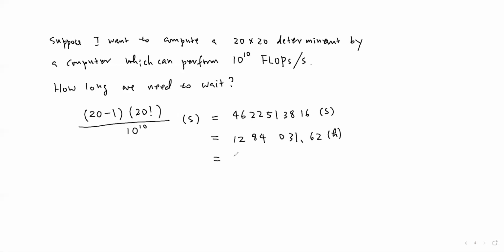Then I get so many days to wait for the result. 1 year has 365 days. Divide the number by 365. Then I get 146.58 years.